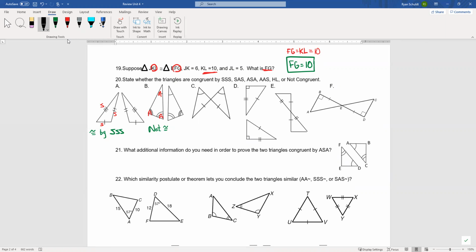Okay, now let's look at C. First thing I noticed, they cross right here. This is vertical angles. So that means these are congruent. So let's label what I know. I know an angle, and a side.